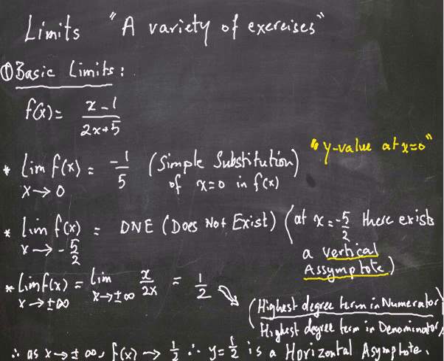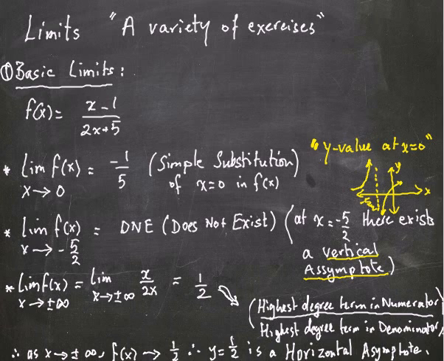In this case, the limit does not exist as the function behaves either towards positive infinity or towards negative infinity. So when you're sketching this, if you have an xy axis, at x equals negative 5 over 2, the function will either behave as such, or from the other side, will start from negative infinity and behave as such.